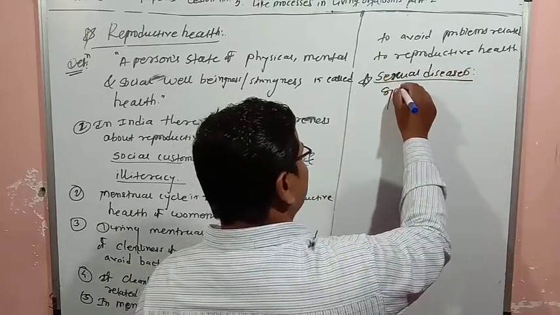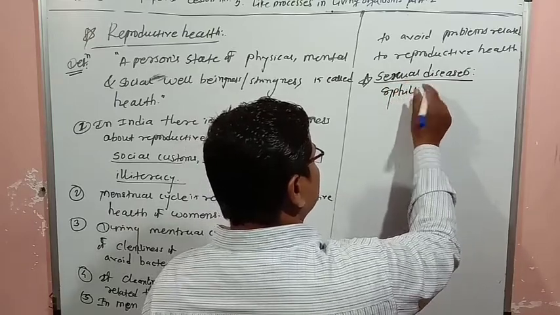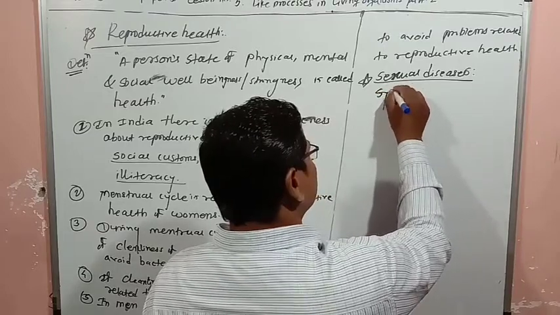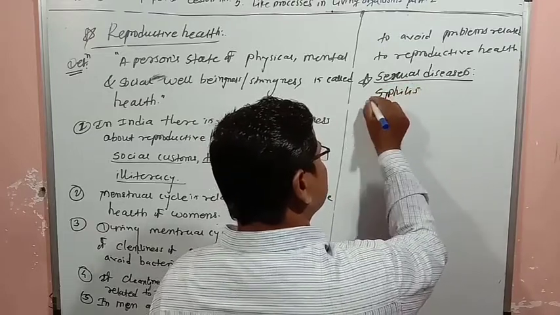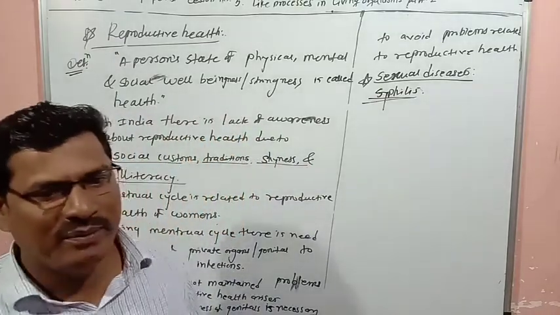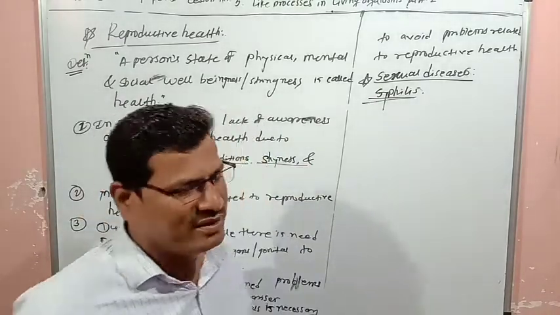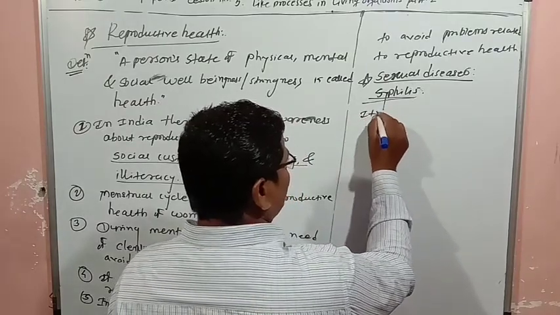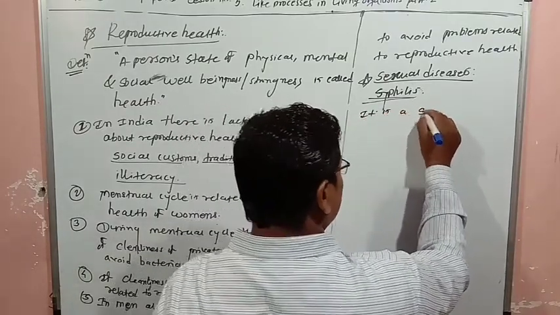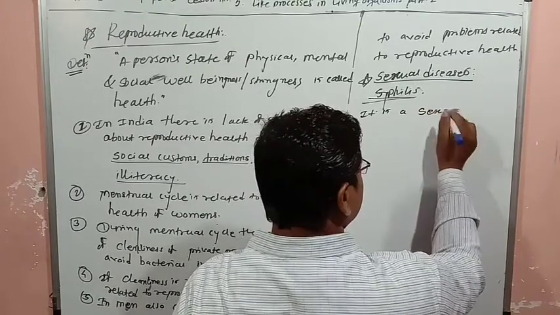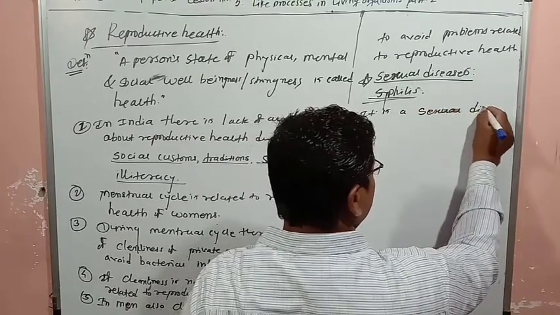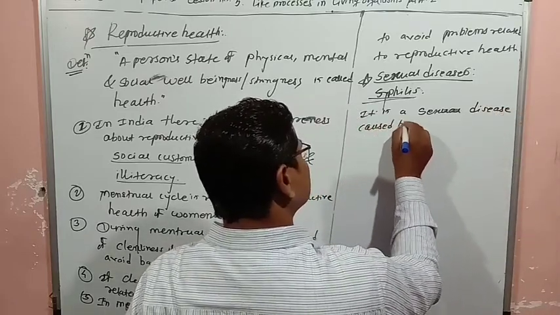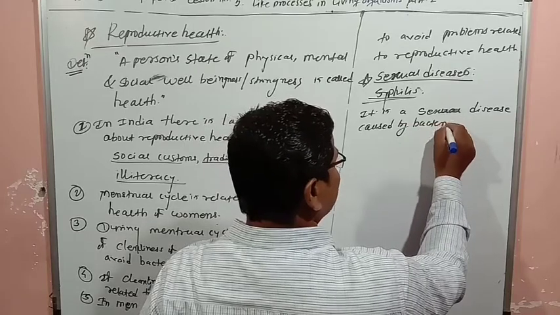The first one is syphilis. We'll see the symptoms. It is a sexual disease caused by bacterial infection.